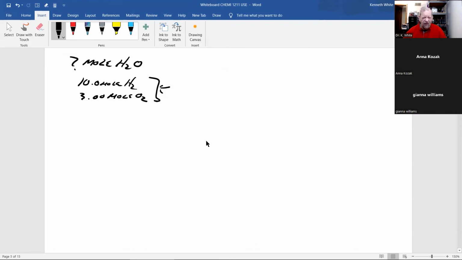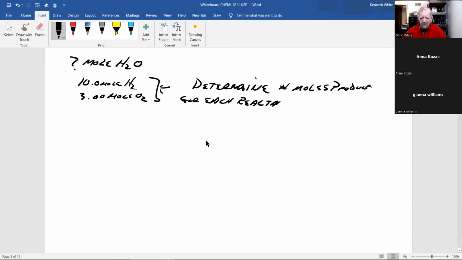To determine the number of moles, for hydrogen, 10.0 moles hydrogen, and we want to get moles of water.